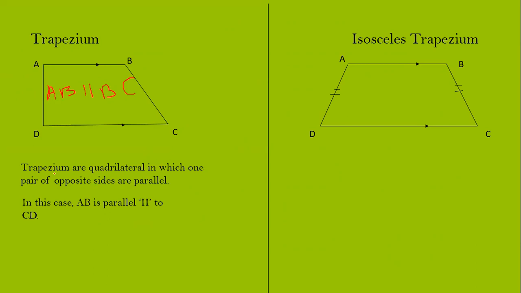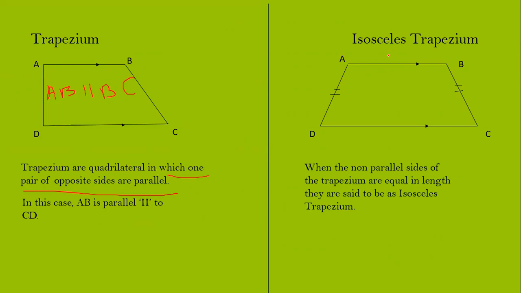In a trapezium we saw that one pair of opposite sides is parallel. So AB and CD are already parallel. What about the isosceles trapezium? One pair of sides is parallel and the other sides are equal, and hence we call it the isosceles trapezium.